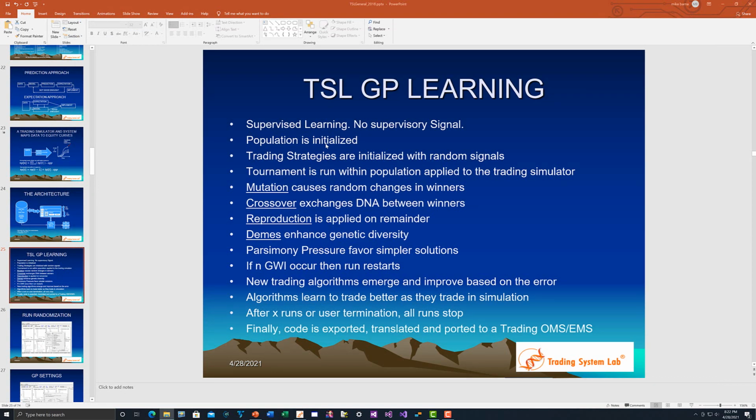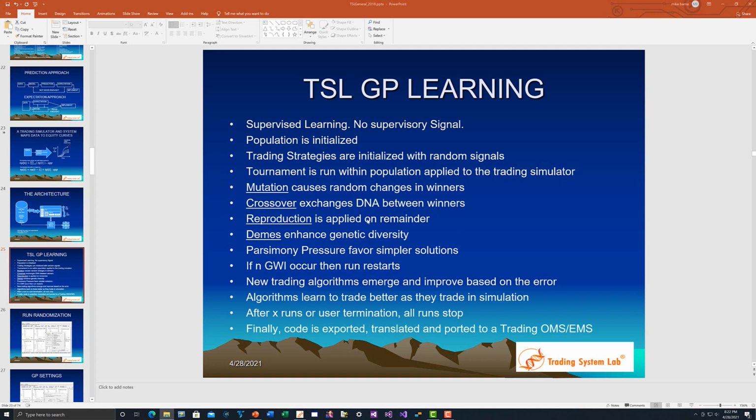The population is initialized. Trading strategies are initialized with random signals. So we don't have any predefined existing trading strategy. When you start the run in Trading System Lab, it's a blank sheet of paper. The tournament is run within the population applied to the trading strategy, and that tournament goes through. Within that tournament, mutation, crossover, and reproduction happens.